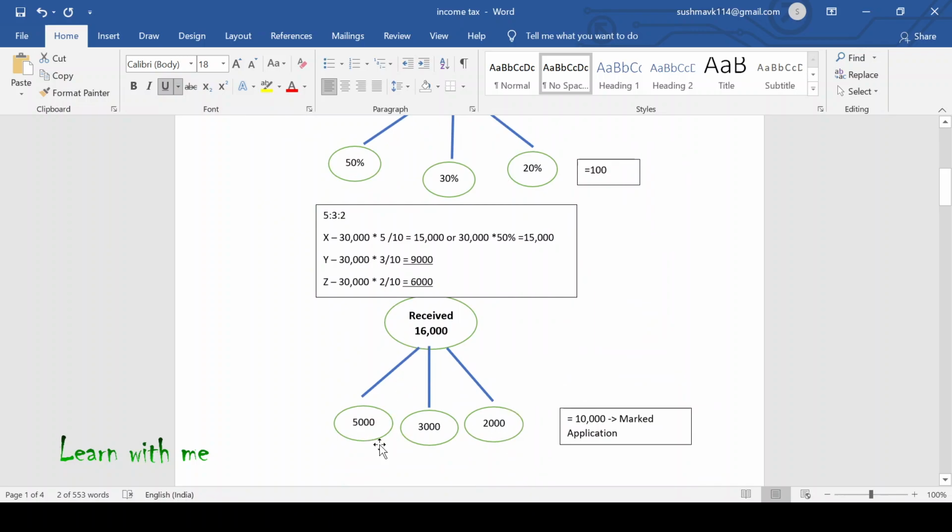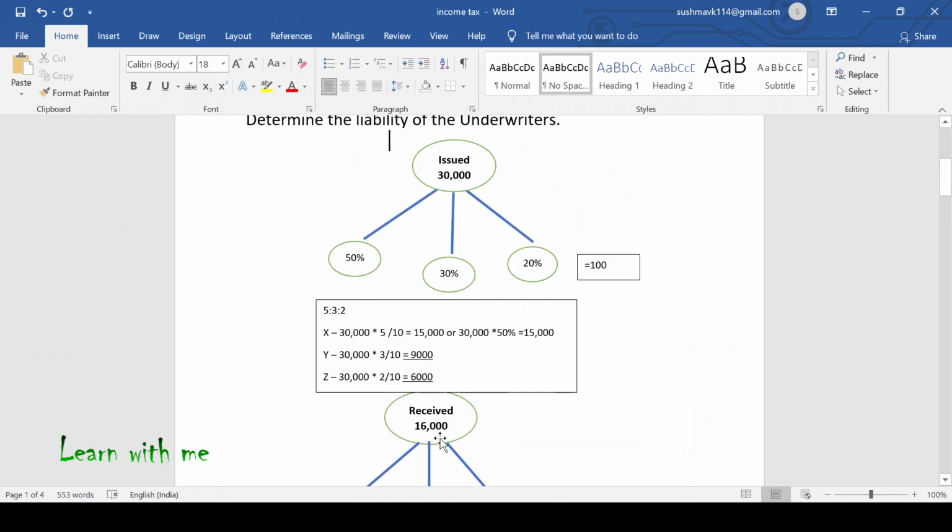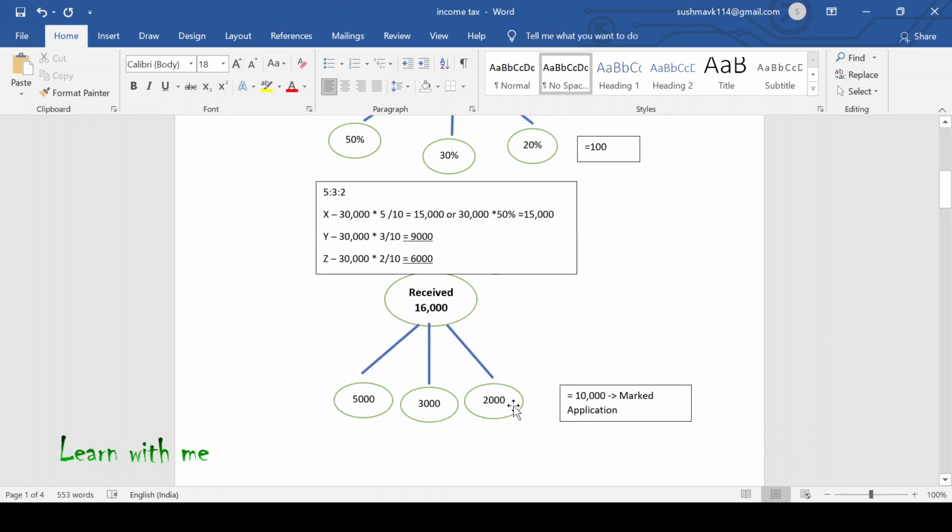So that's what I have written here. It was X who tried to convince people and made them subscribe for 5,000 shares, Y 3,000 shares and Z 2,000 shares. So the total is 10,000. Whatever the 10,000 is, it is by the effort of the underwriter. It is known as a marked application.